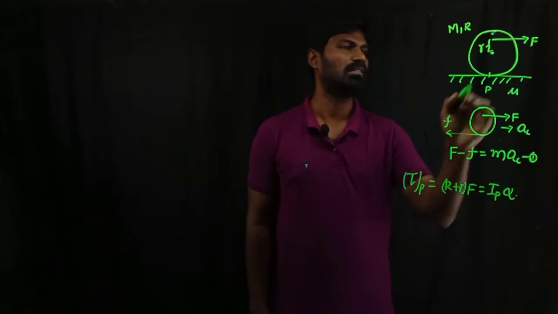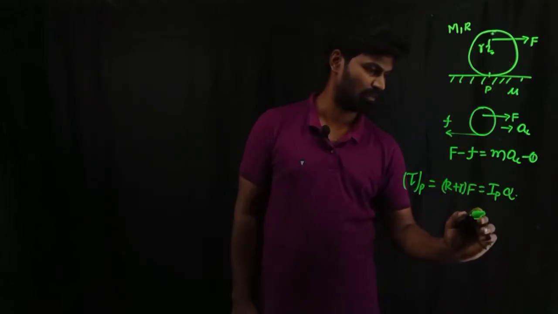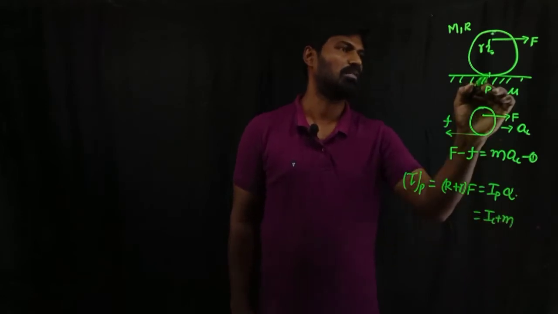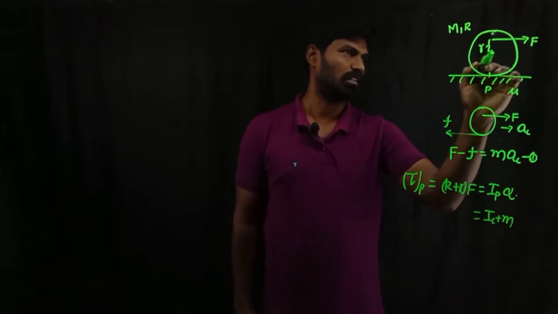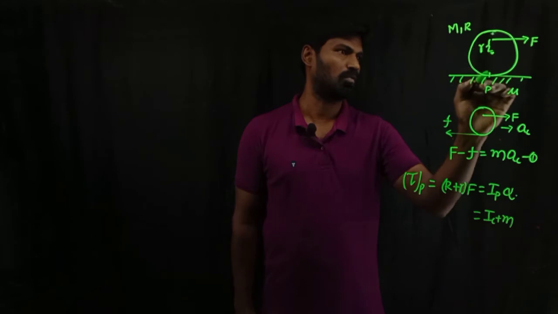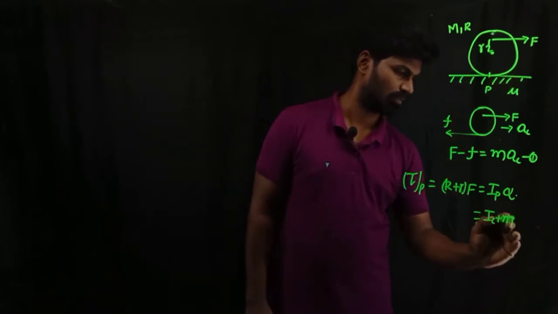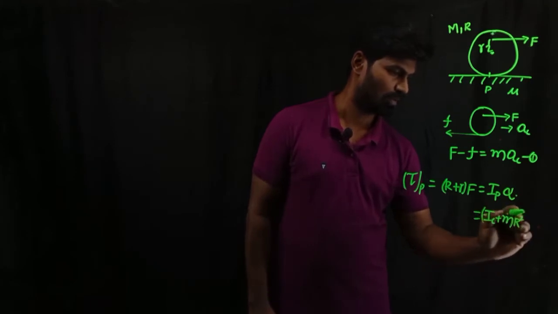What is I_P? Simply apply the parallel axis theorem. I_P is I center of mass, I_C, plus M into the square of the separation between the center of mass and this point P. That is M into R square, into alpha.